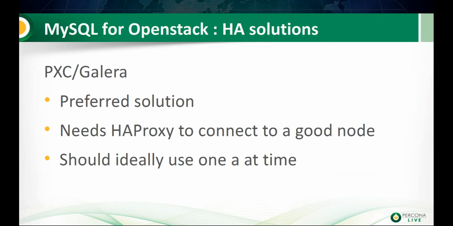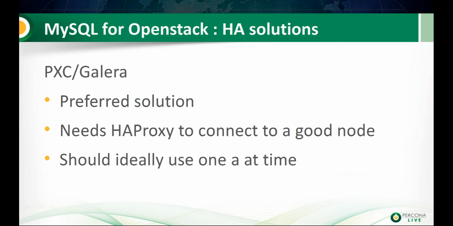Ideally, it's always better with the XtraDB Cluster to use one node for writes. It avoids things like fake deadlocks if the certification doesn't work on another node. And since the query load is small, there's no real reason not to do that.